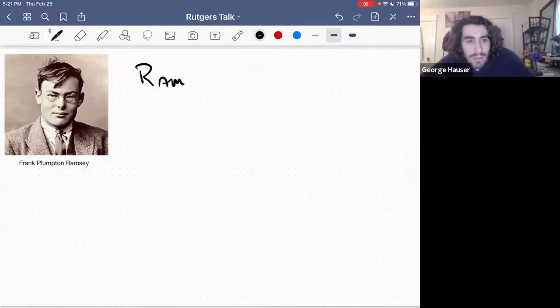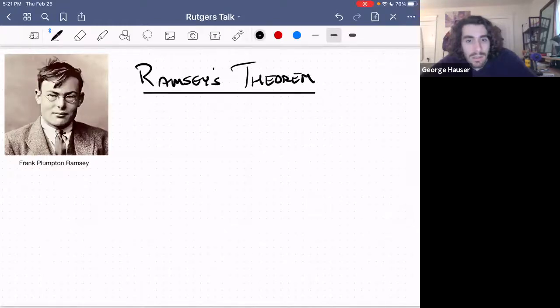And we'll be using Ramsey's theorem and a result based on it somewhat going forward. So Ramsey's theorem says, I'm going to restrict to the symmetric case.